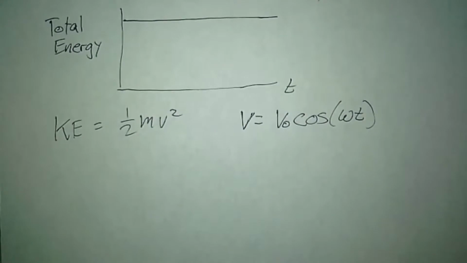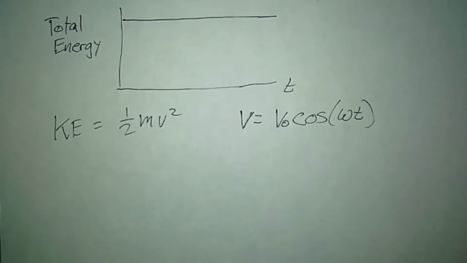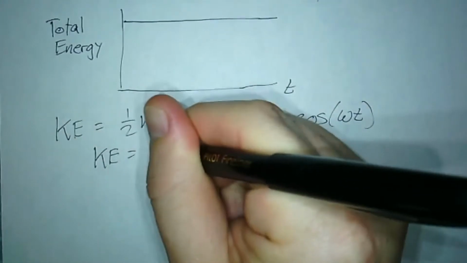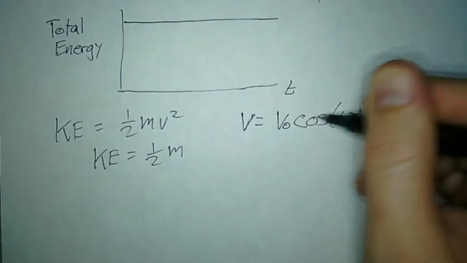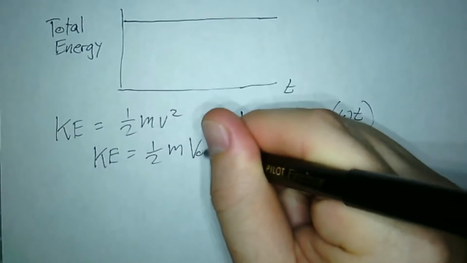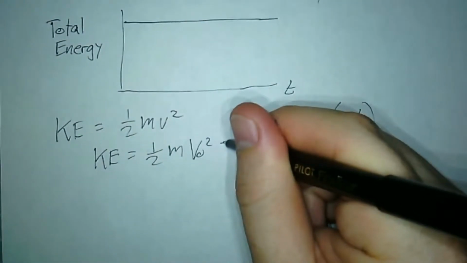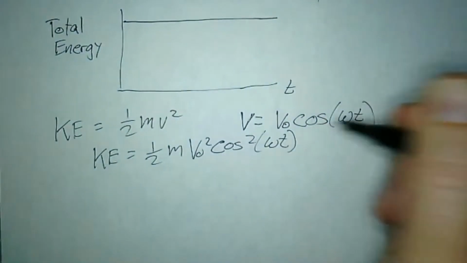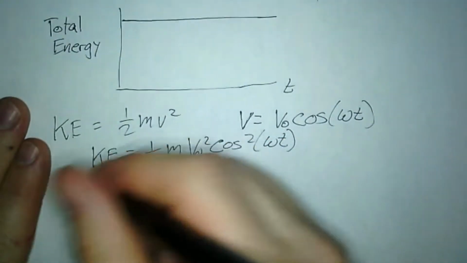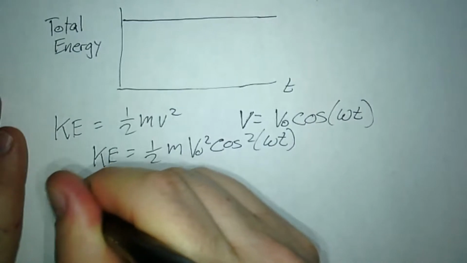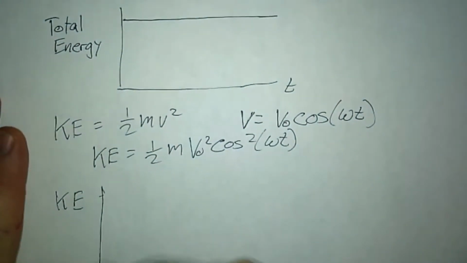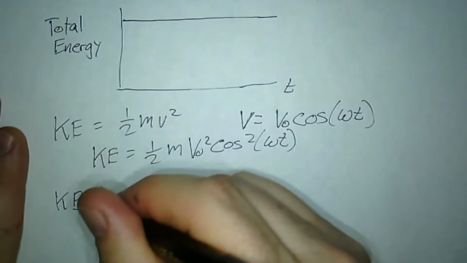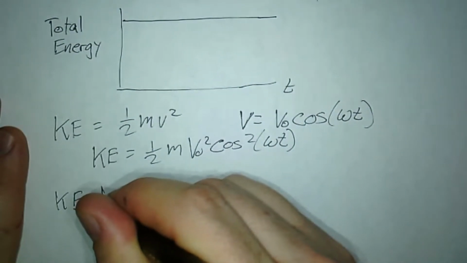All right. So that means my kinetic energy should be 1/2 the mass times V0 squared times cosine squared omega t. So that's going to look like a cosine squared graph. This should start positive, right?